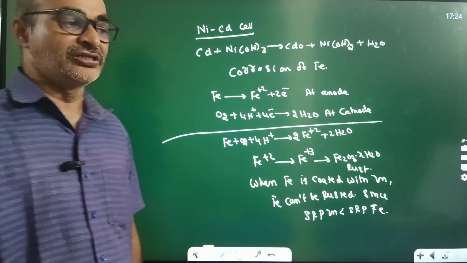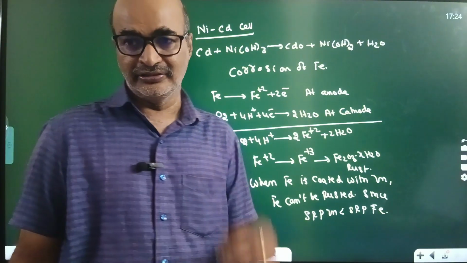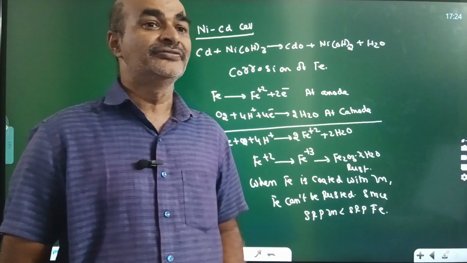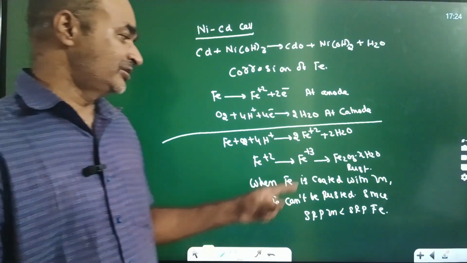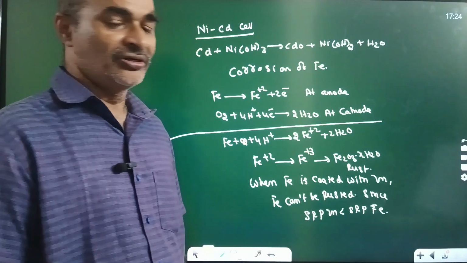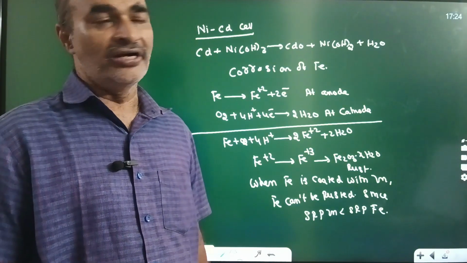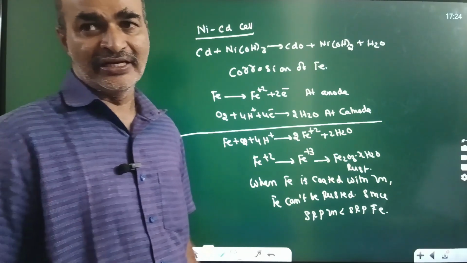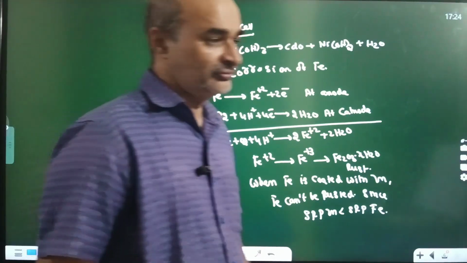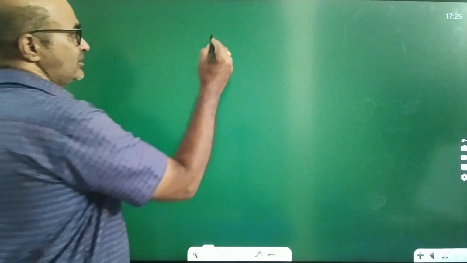So zinc undergoes oxidation instead of iron. You understand this? This is called corrosion protection. So here zinc is called a sacrificial metal. Please write down.